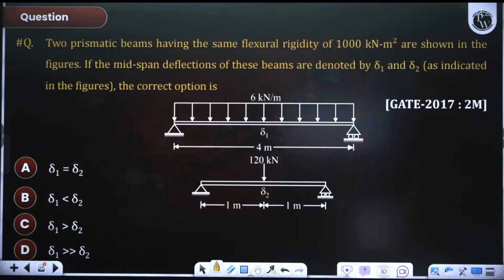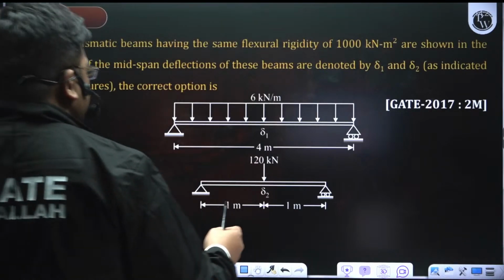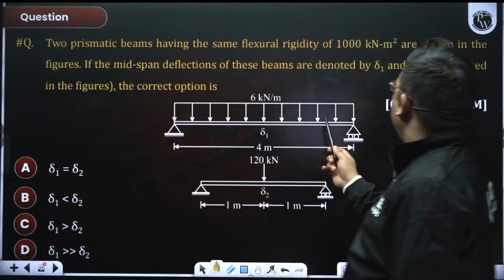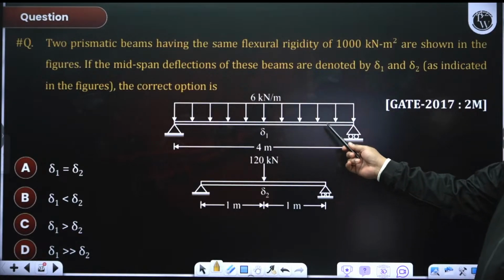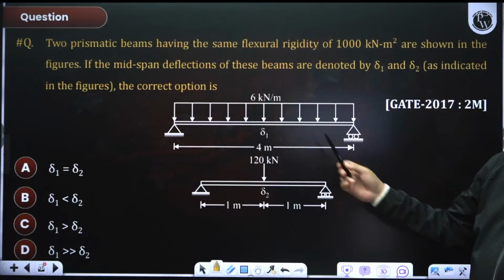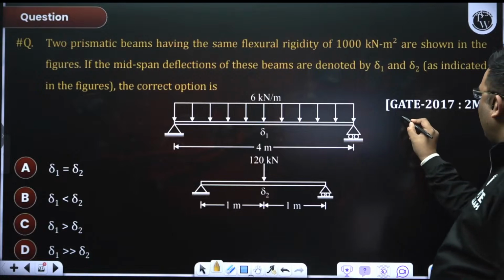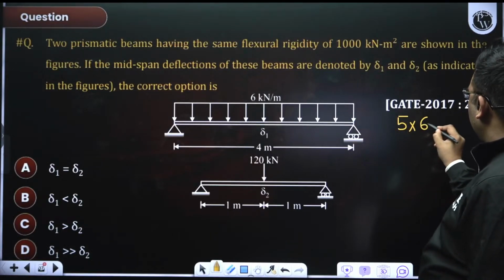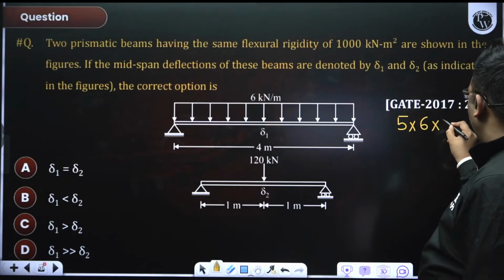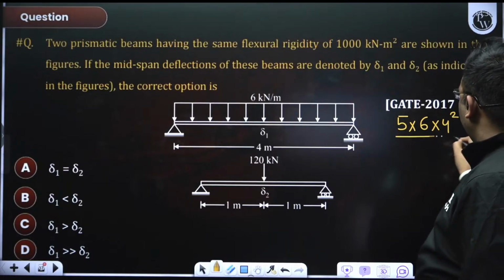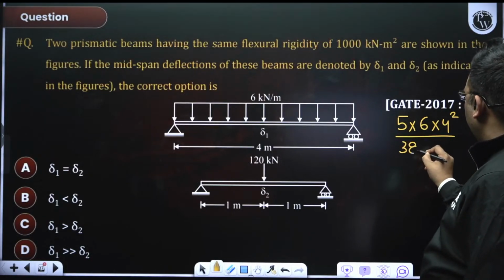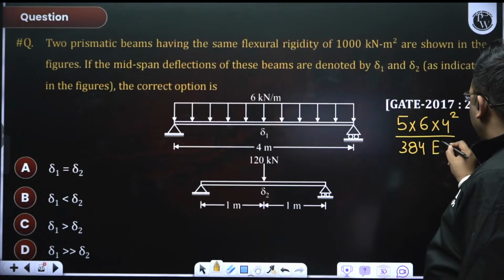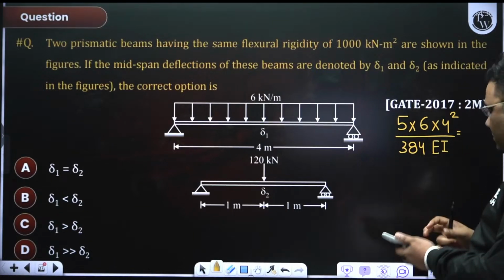A is the answer. Yes. You see, mid-span deflection means central deflection. Now for this the formula is what? 5WL⁴ divided by 384 EI. We can find it in terms of EI also because both of them have the same EI.